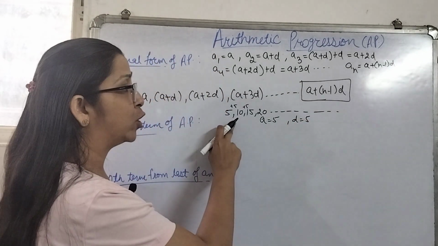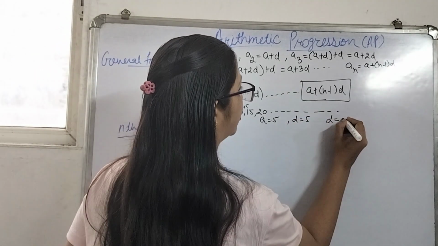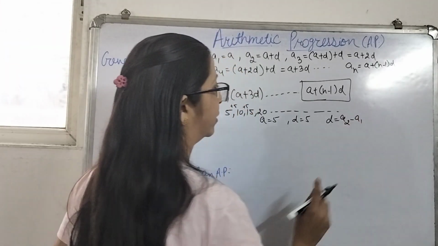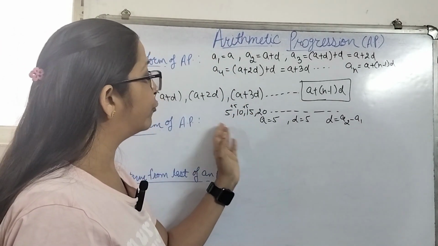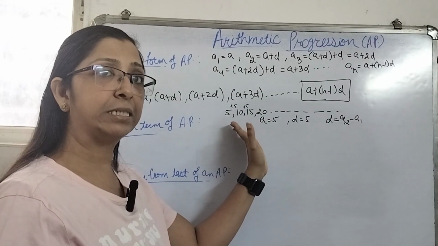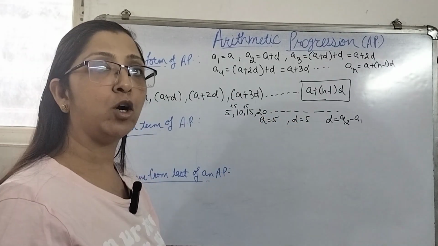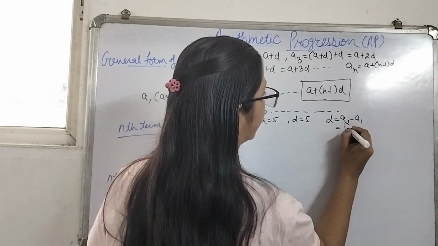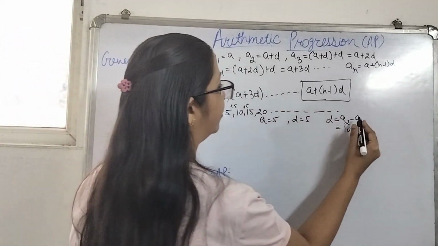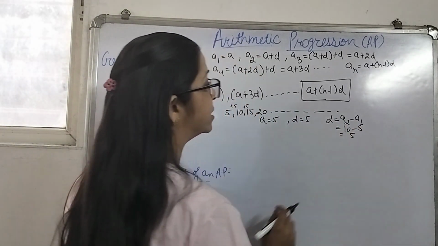And how can we get the common difference? Common difference would be A2 minus A1. From the second term, if we subtract the first term, or from the third term, we subtract the second term, we get the common difference. So the second term is 10 and the first term is 5. So the common difference is 5.